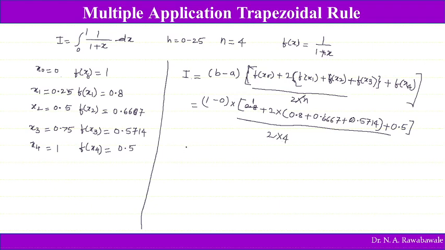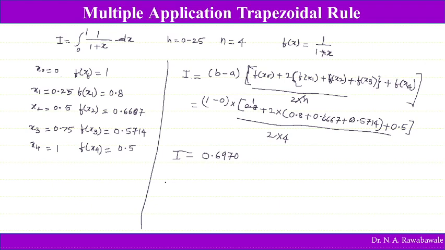On simplification we get 0.6970. So this is the integral obtained by multiple application, dividing the range 0 to 1 into 4 segments.